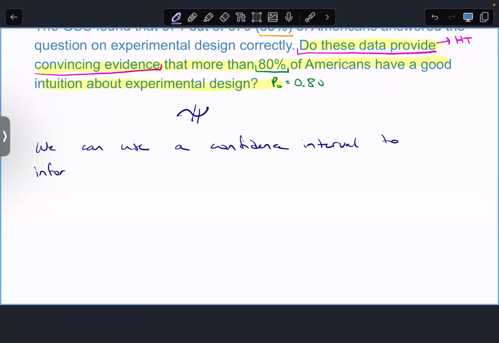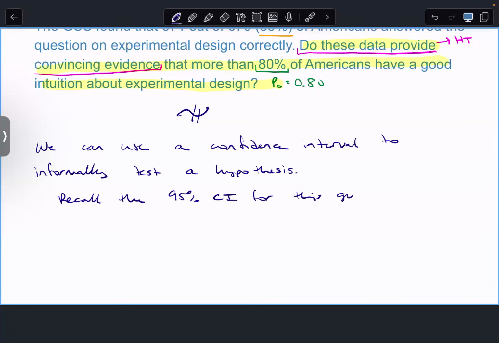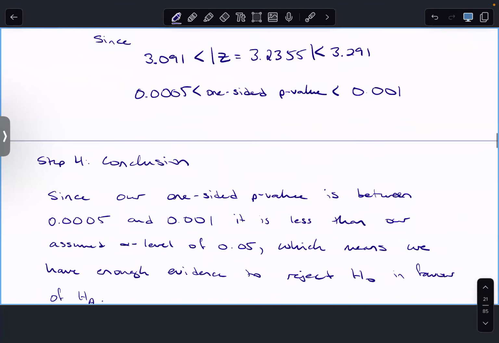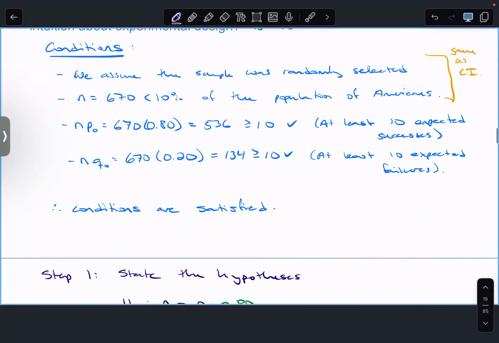Recall the 95% confidence interval for this question. I'm just going to snag it. It's quite a ways up here.